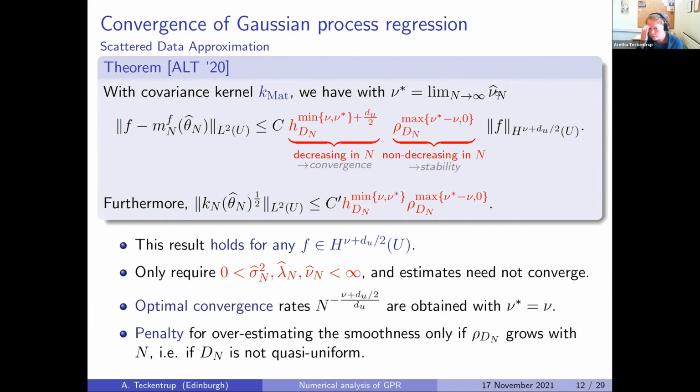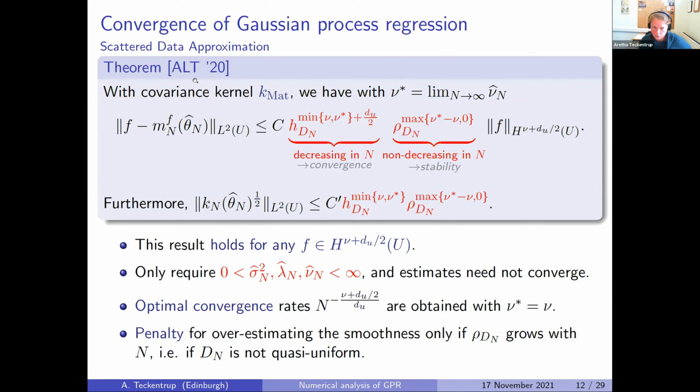So the way to think about that is really that if your nu star is greater than nu, that means that you're choosing a prior distribution that is smoother than your function f really is. Right? So in that case, you're choosing a prior that is too smooth, and then you have some possible stability issues coming in.